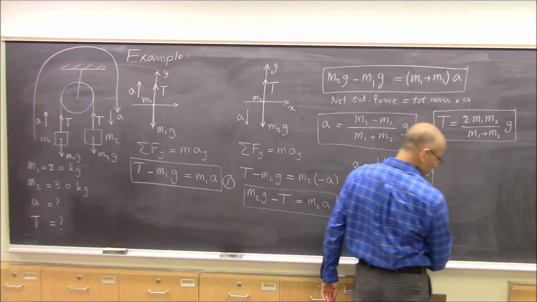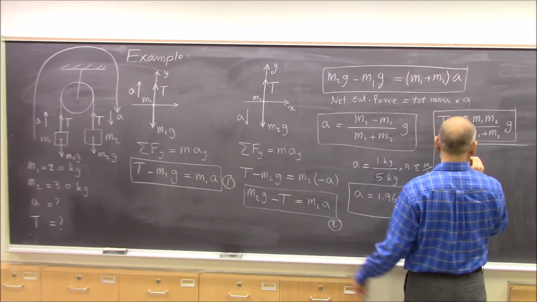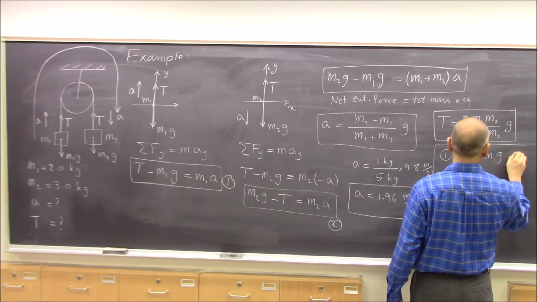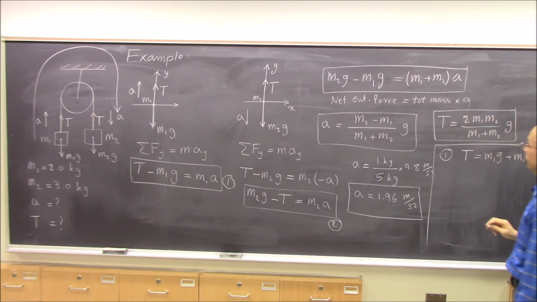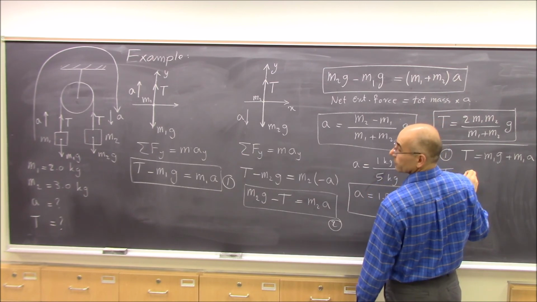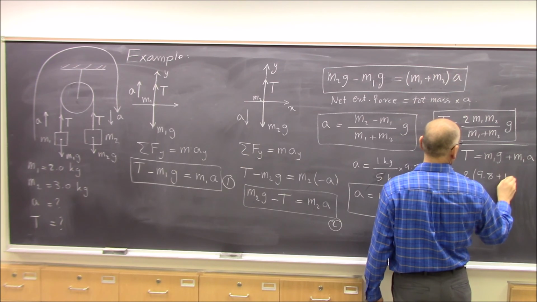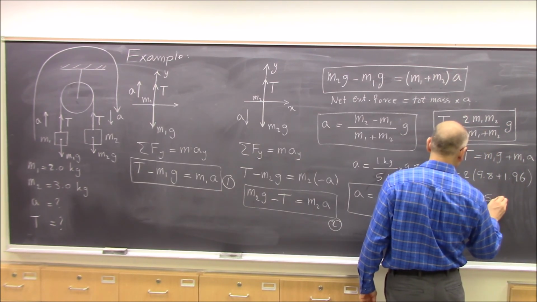From 1, we have T equal to m1g plus m1a, or m1 times g plus a. So T will be m1, which is 2, times 9.8 plus 1.96, which is 23.5 newtons.